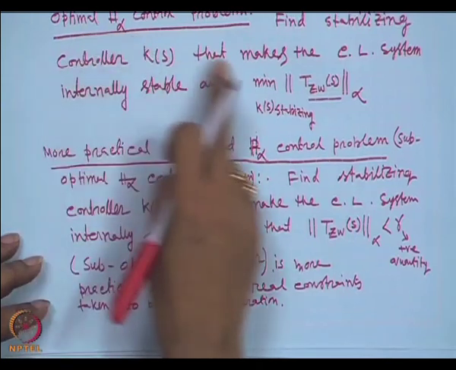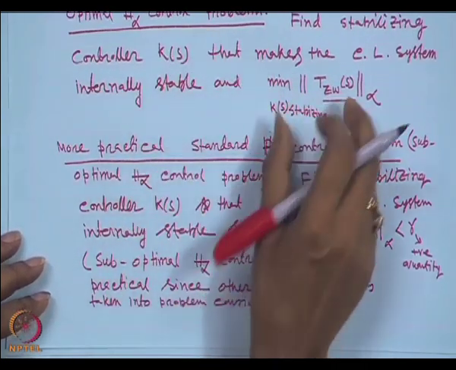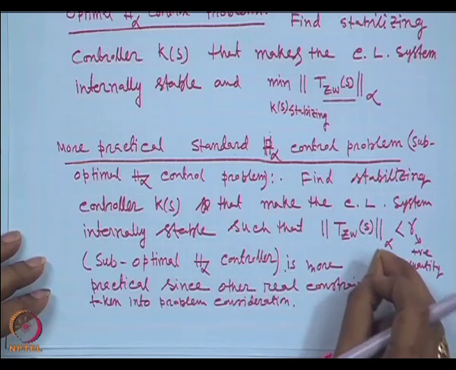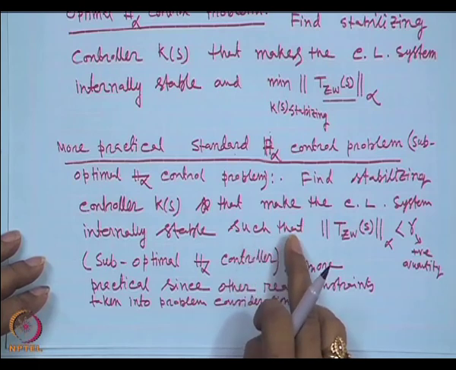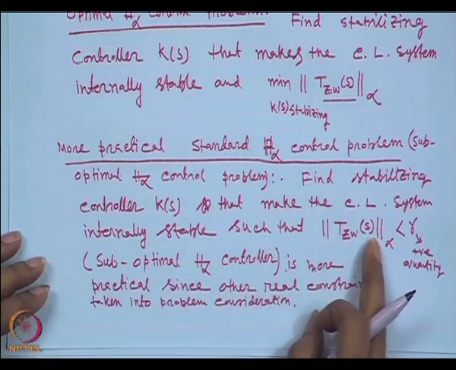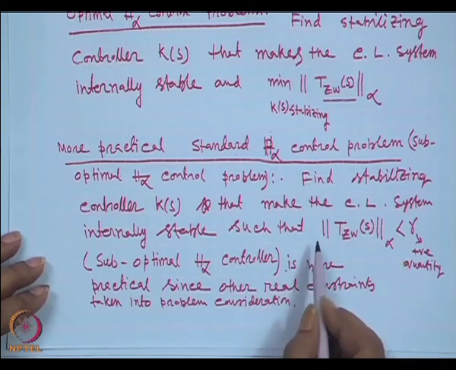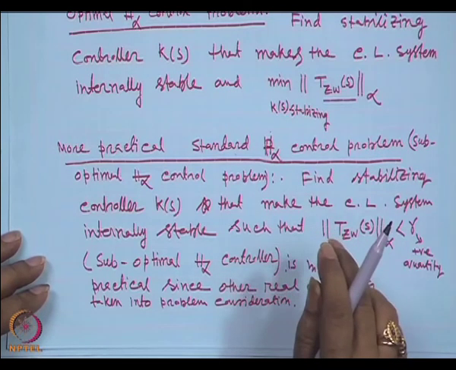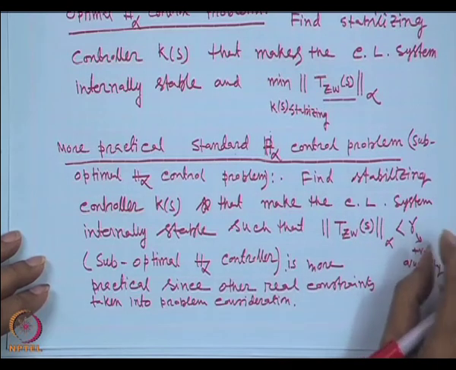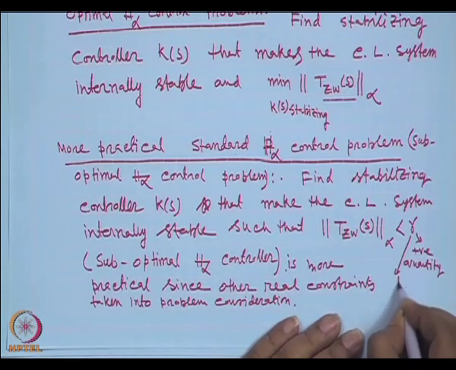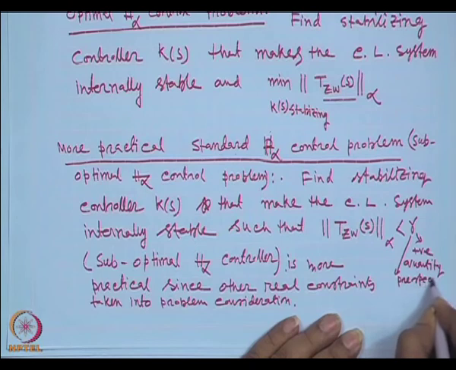As I told you, the solution of the optimal H infinity control problem is very tedious. So, we are introducing some constraint in the problem, and now we are not solving the optimal control problem, but the suboptimal control problem, by selecting K of S such that the H infinity norm between W and Z will be less than some pre-specified positive quantity gamma.